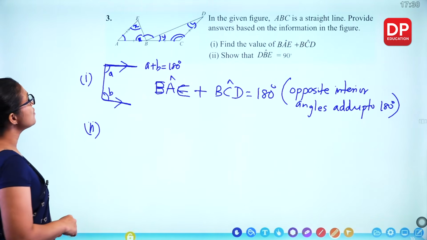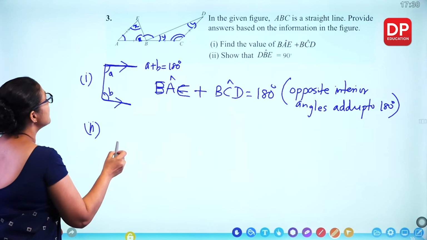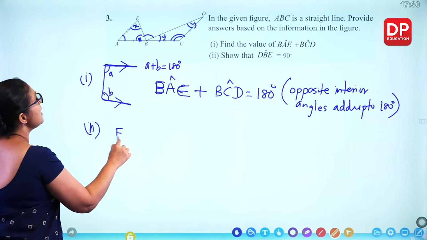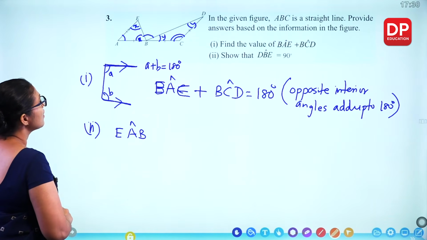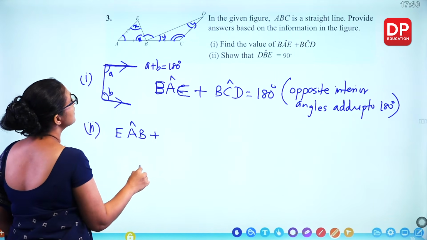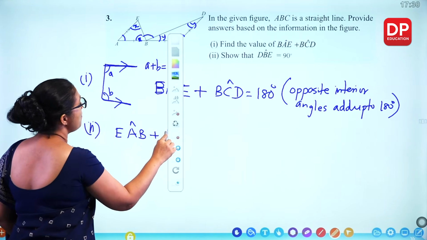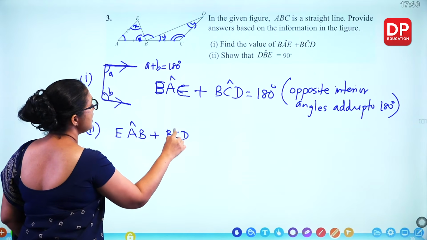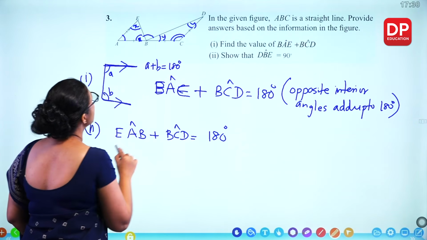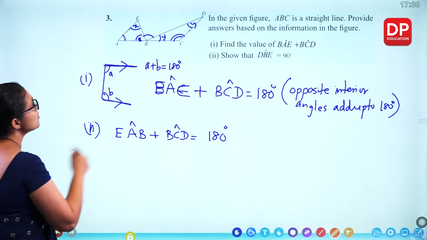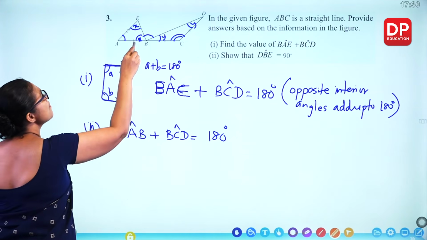So what can you say about this angle? So we can write EAB plus BCD. We found that's 180 now. But how can you write this one in terms of x?